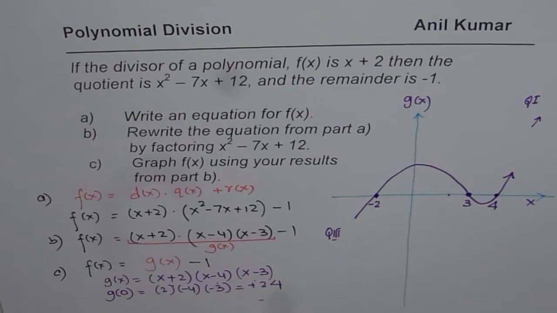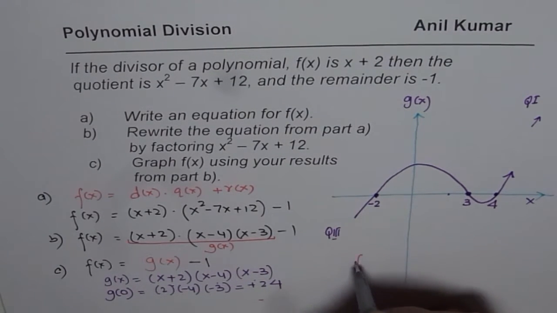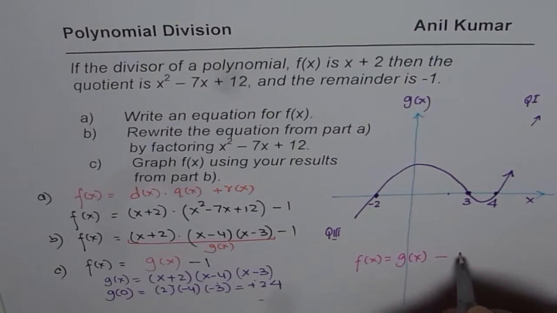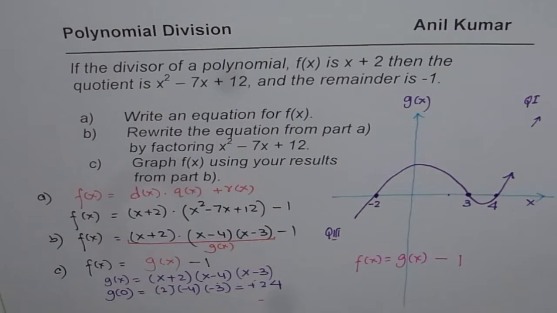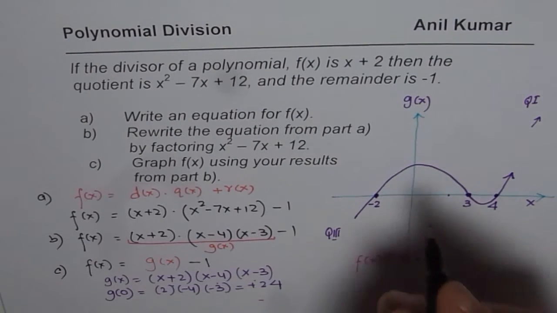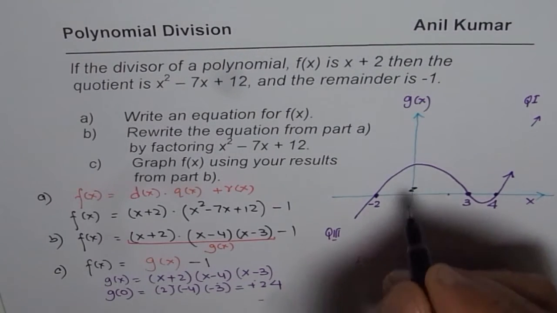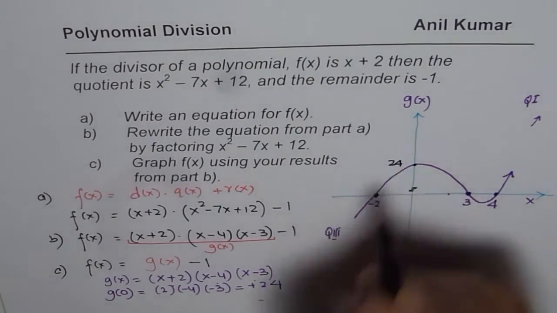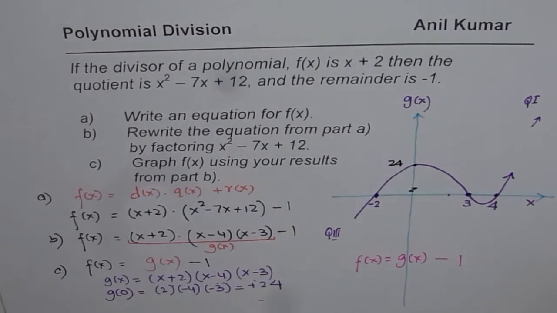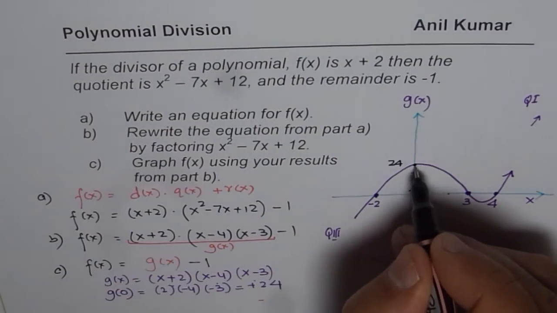As you can see, f of x is basically equal to g of x minus 1. So you have to bring down each term 1 unit down, right? So for us, let's say there's a break in this, and this point is 24 for us, correct? Now let us say 1 unit is this much for us on the y-axis.